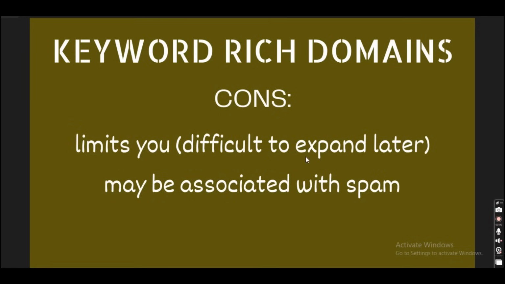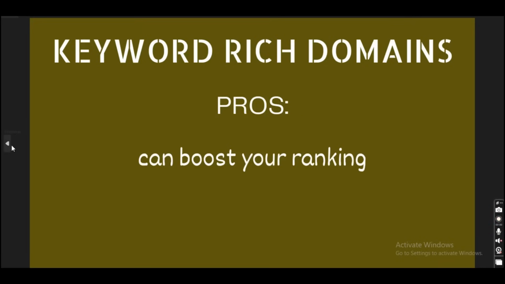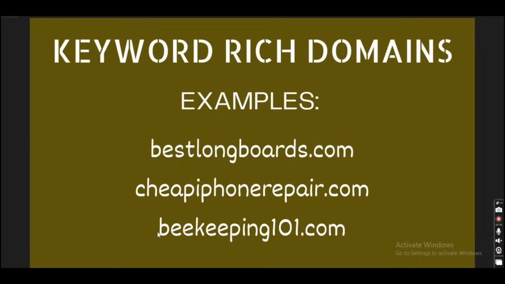So it limits you, so you can't expand beyond a particular topic. Let's use another example. For beekeeping, bee is just one type of bug. So you're just talking about beekeeping. Once you exhaust it, you don't have any other thing to write about beekeeping. You can't go to other things like fleas or ants or other kinds of bugs.